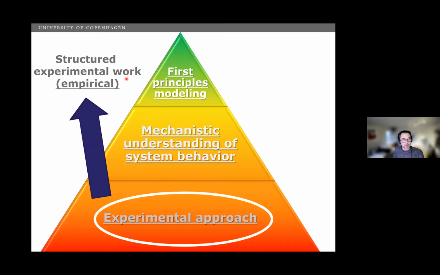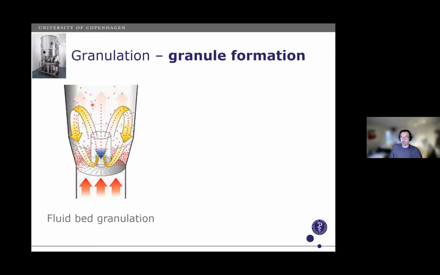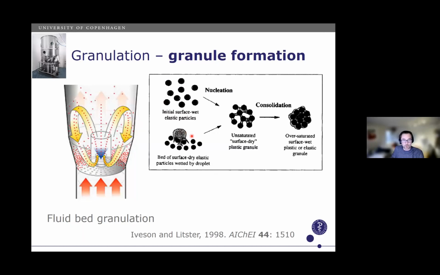This is what we do with experimental design. DOE is often empirical work. And when we are aiming for mechanistic understanding, we try to understand what is happening in, for example, the granulation process. In this granulation process, we have many different sub-processes happening.